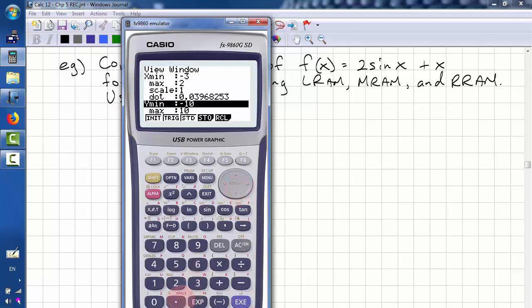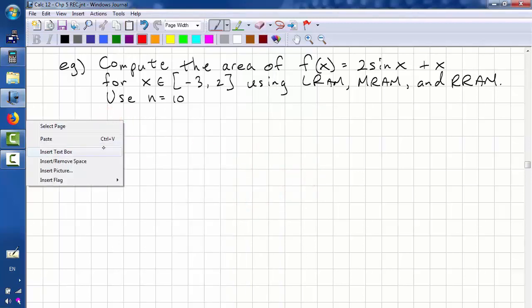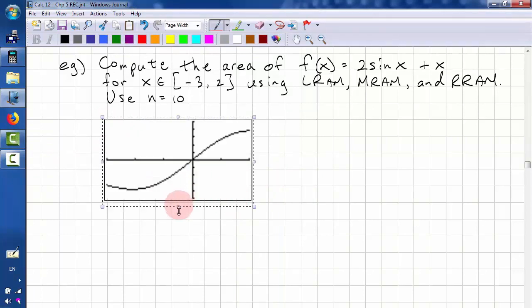Okay, it's always best to just graph this out just to see what it looks like.